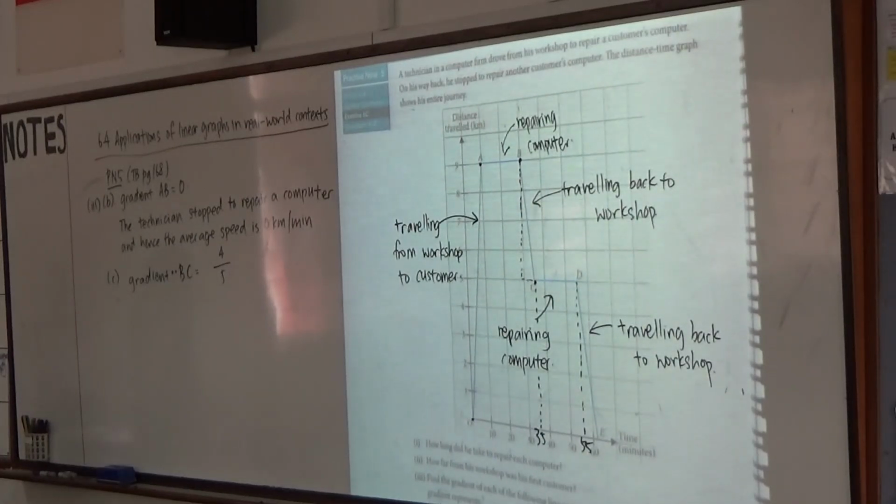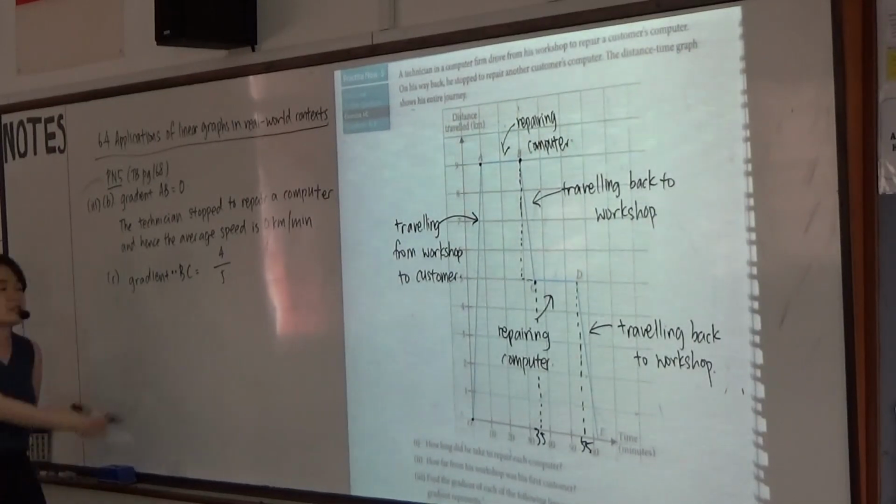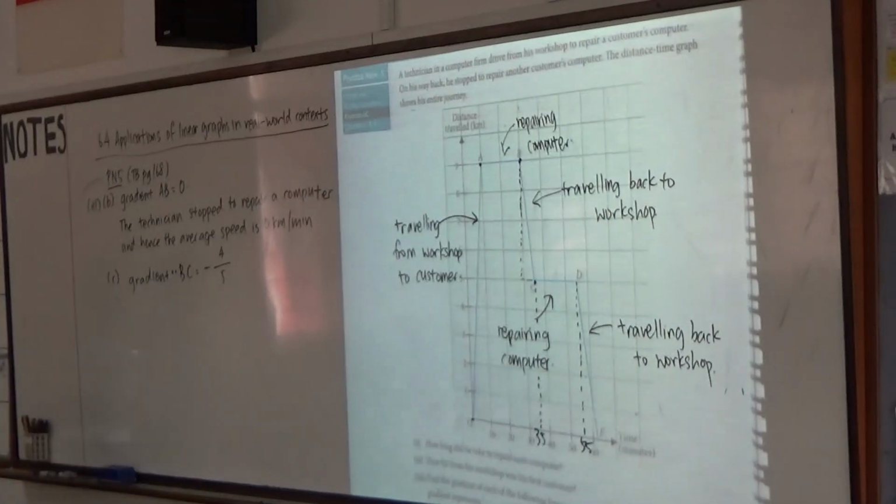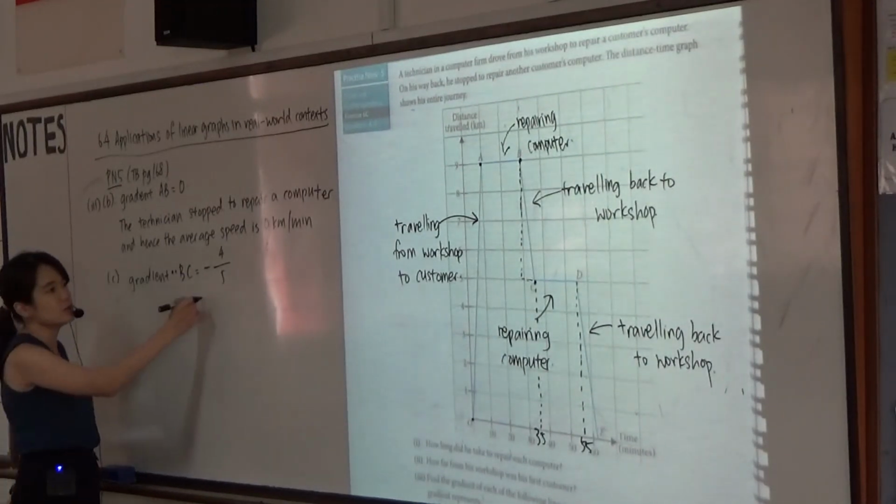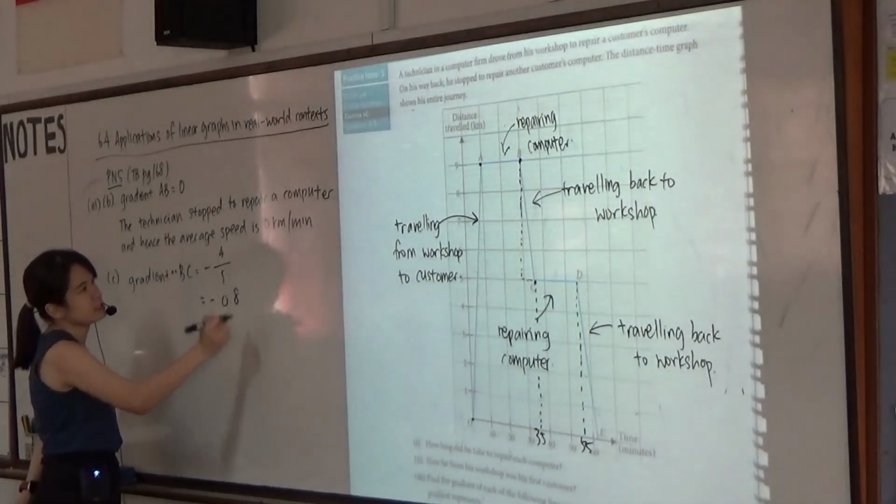Now, is this gradient correct? No, why? Because it's downward sloping, so it should be negative. You can leave it in decimal if you want to, that will be negative 0.8.